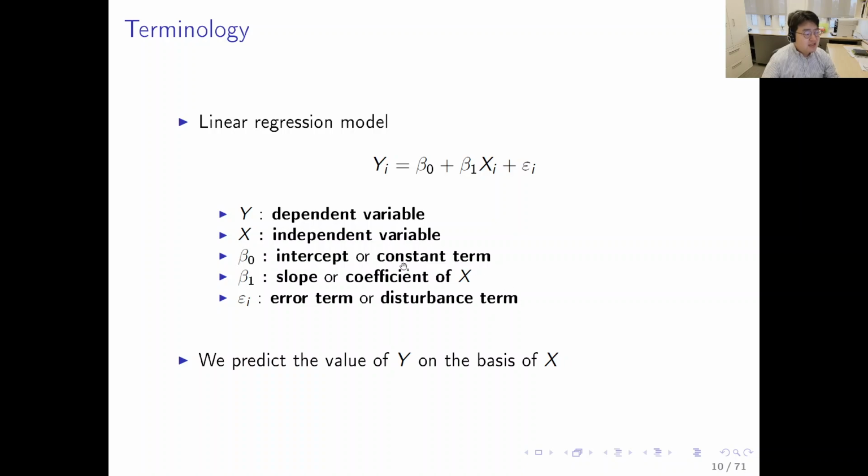But different textbooks use different names. Like y is also called the output variable, outcome variable, the response variable. And x is sometimes called the explanatory variable, or regressors. There are different names, but let's just call them y, x, beta, epsilon.